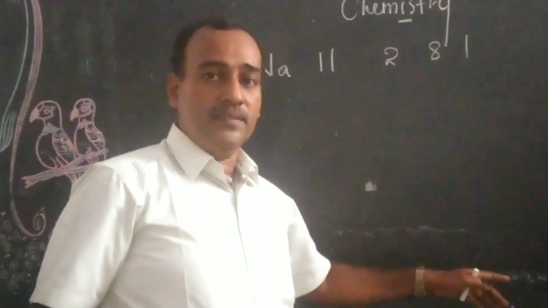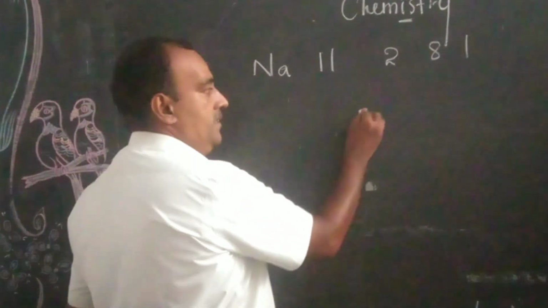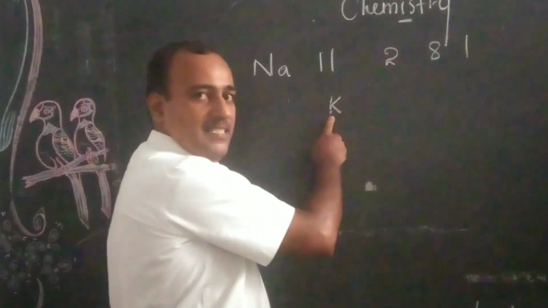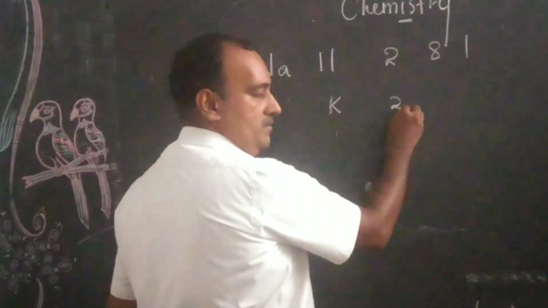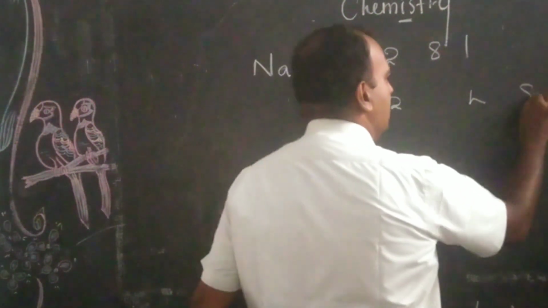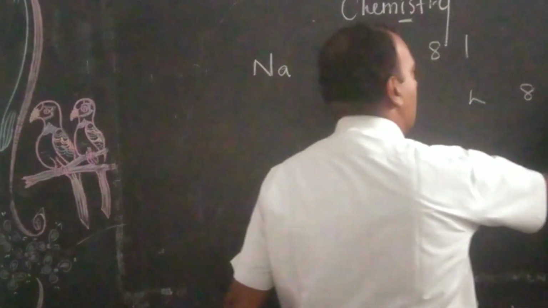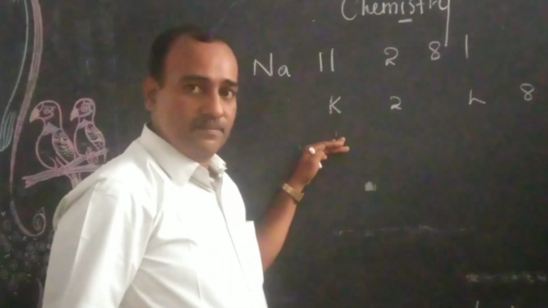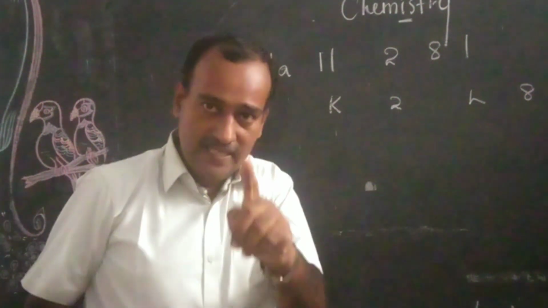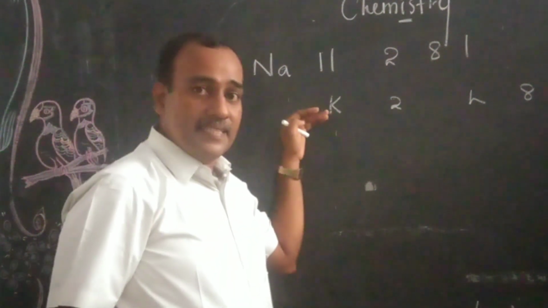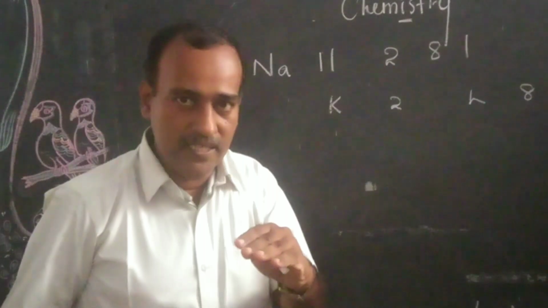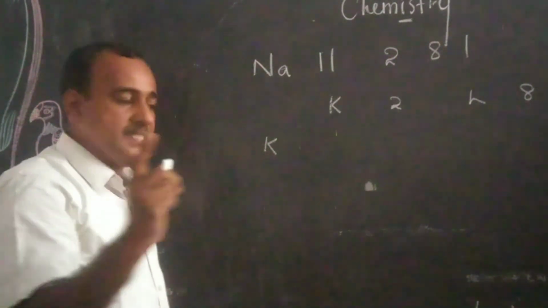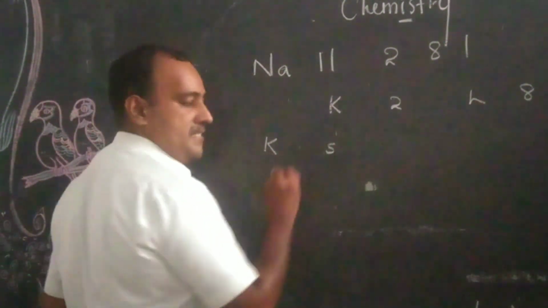What is the meaning of 2, 8, 1? The first shell, the K shell, has 2 electrons, the second shell L has 8 electrons, and the third shell has only 1 electron. Last class we studied that each shell has subshells. The K shell has only 1 subshell, called s.